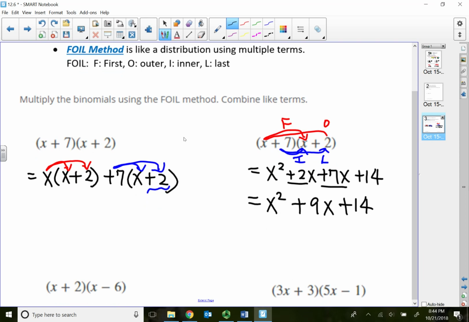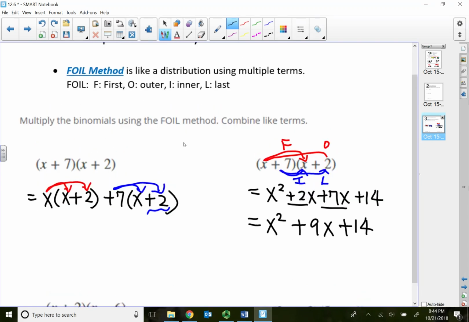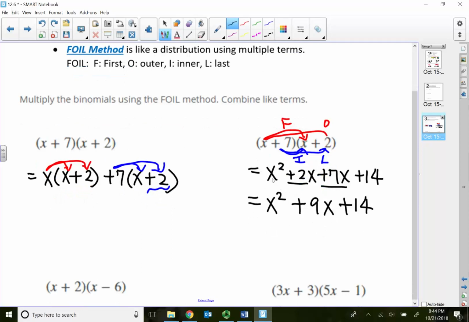It turns out the FOIL method is actually a shortcut. It is designed for us to do this just by simply looking at it. Let me explain what that means. My answer is x squared plus 9x plus 14. This answer is actually a trinomial, a true trinomial as I mentioned before, because the exponents are 2, 1, 0 power.